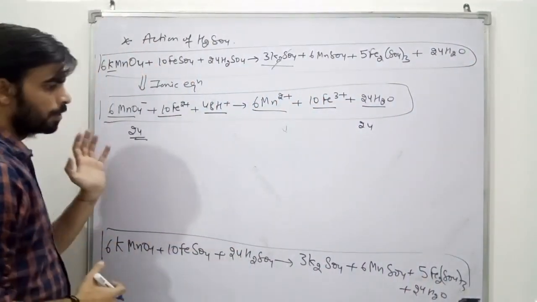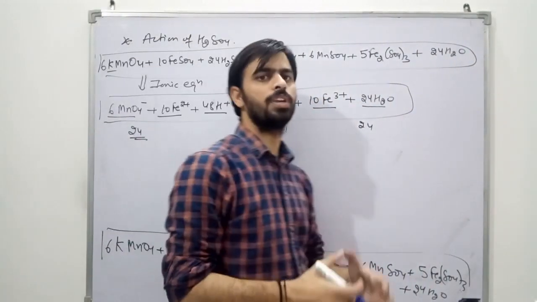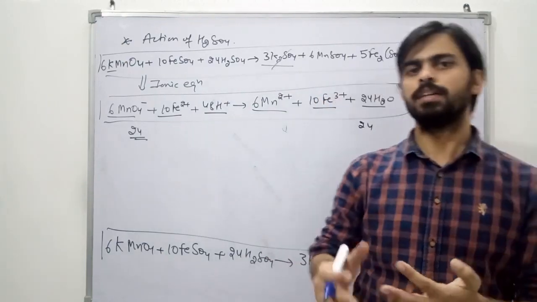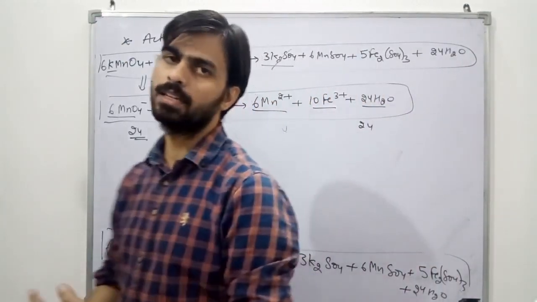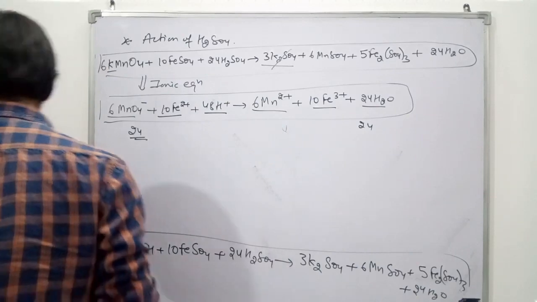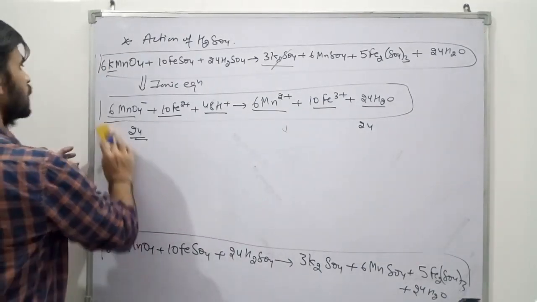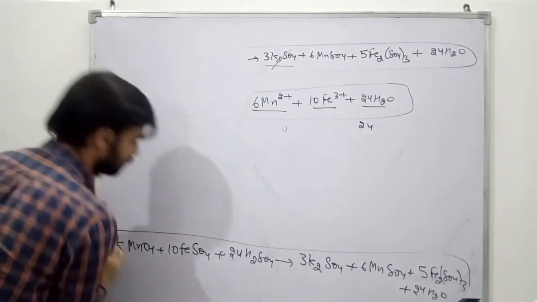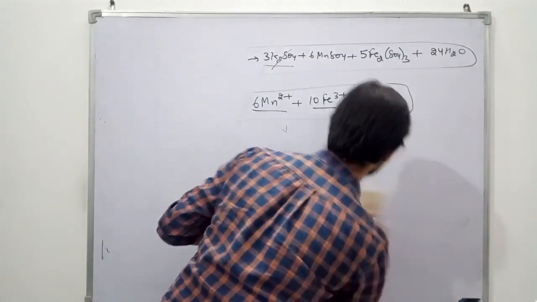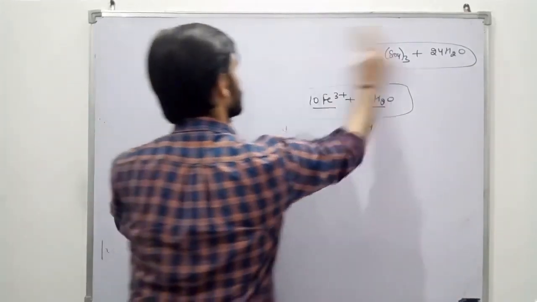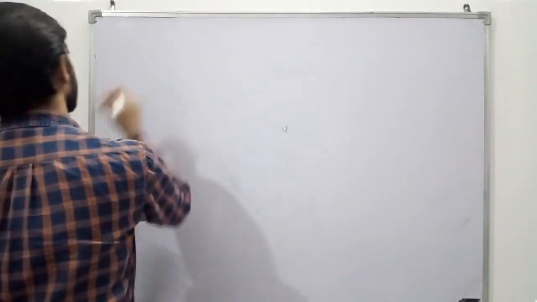So this is all about the oxidizing character of KMnO4 in neutral, basic and acidic solution. Now let's talk about the structure of potassium permanganate and potassium manganate.